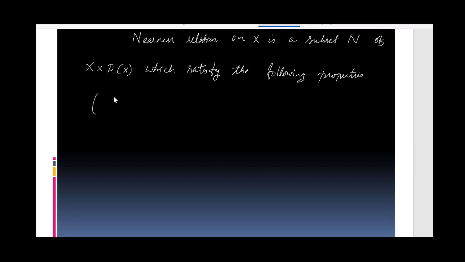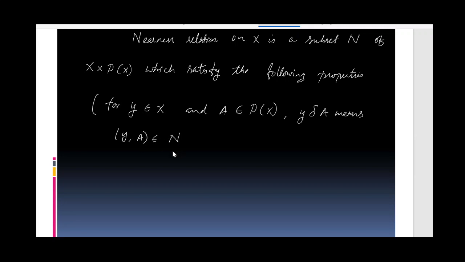For y belongs to X and A belongs to P of X, we are having a notation here. Y delta A means YA belongs to the set N, and Y delta bar A, not A, implies YA does not belong to N. This is our notation.